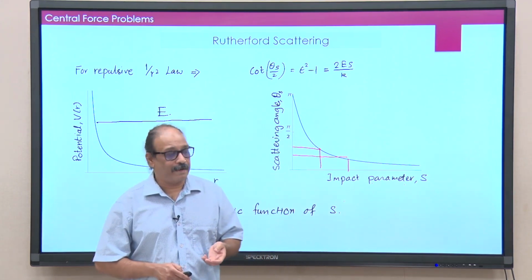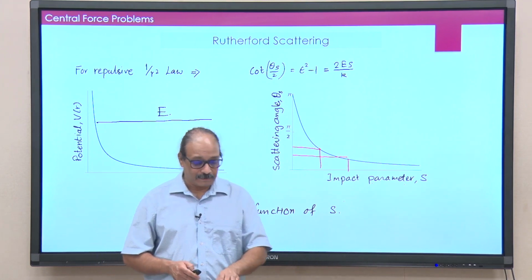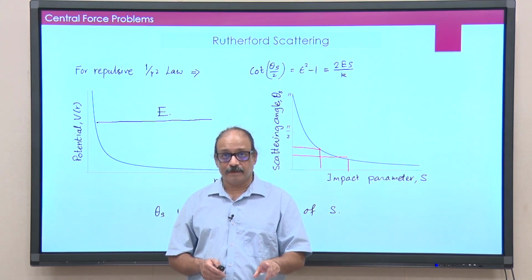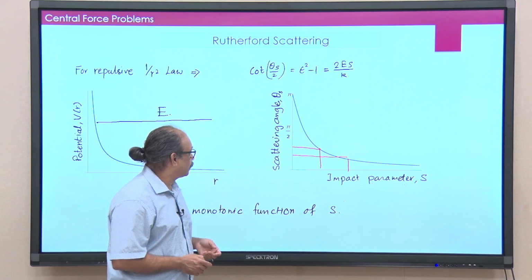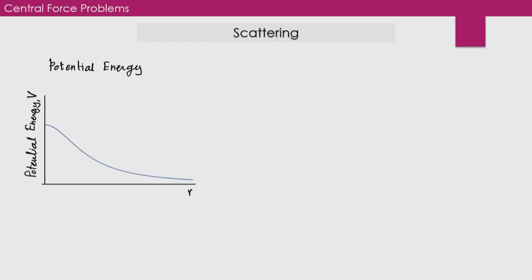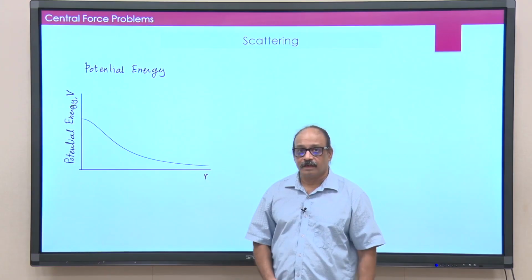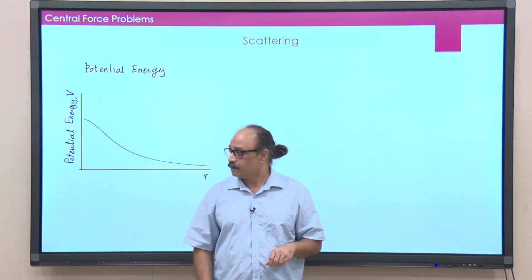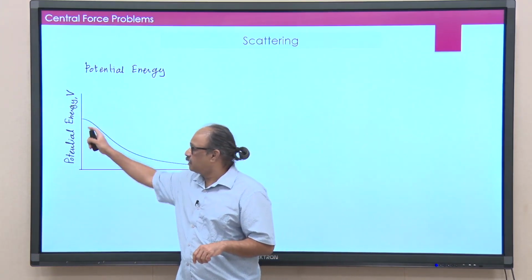It can very easily happen that two impact parameters have the same scattering angle. Here is one possible example. Look at a potential energy curve given by this curve here. Here the potential energy is again repulsive, and towards here there is a flattening of the curve.